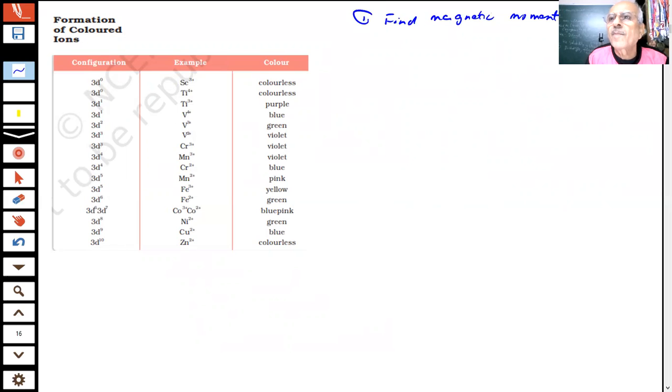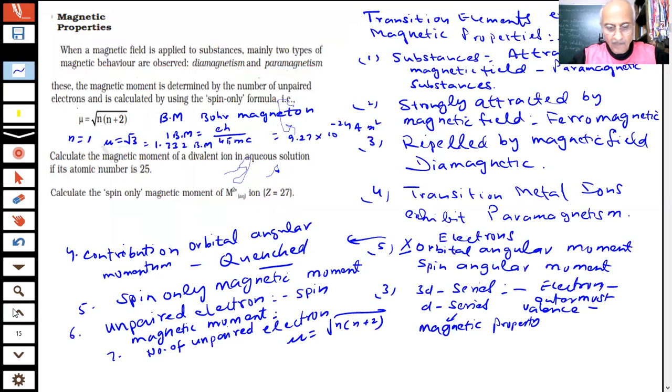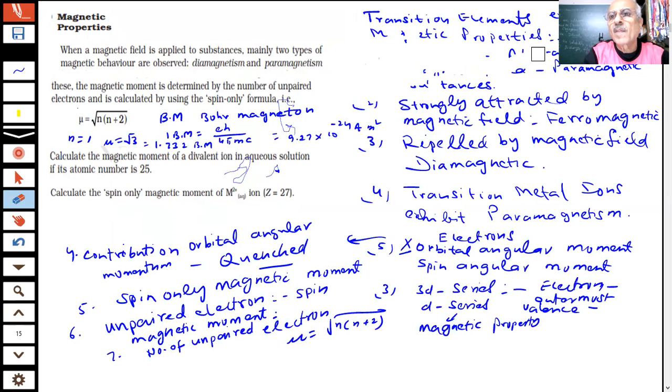Ti3+ will have one unpaired electron. It will have 1.732 Bohr magneton.